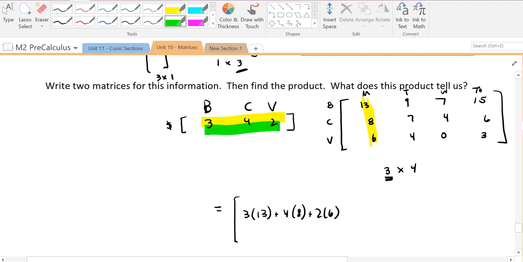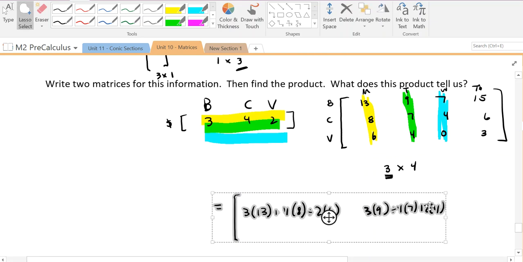And the next one I'm going to run and dive again. I'm doing this by hand just because I want to type into the calculator. 3 times 9 plus 4 times 7 plus 2 times 4. And then run and dive. And move everything over because I'm running out of space already.